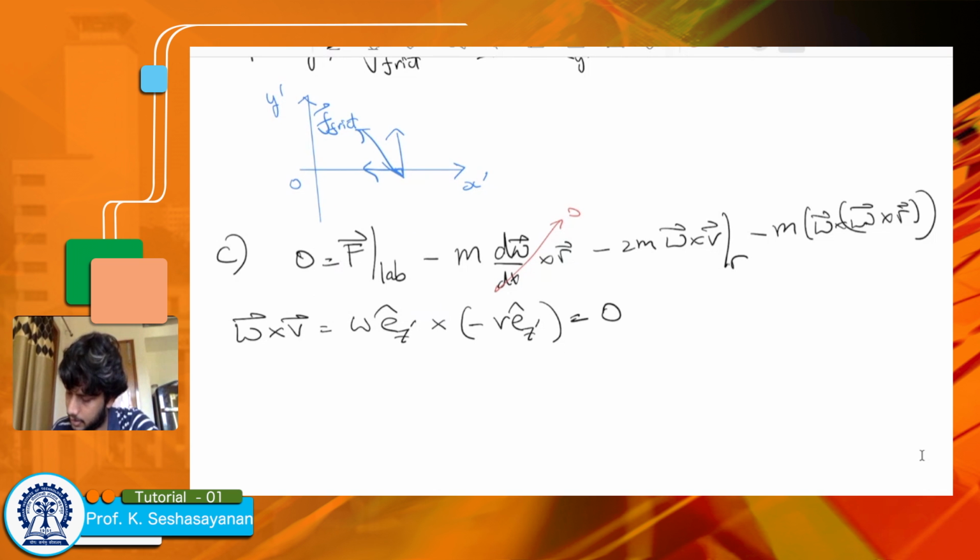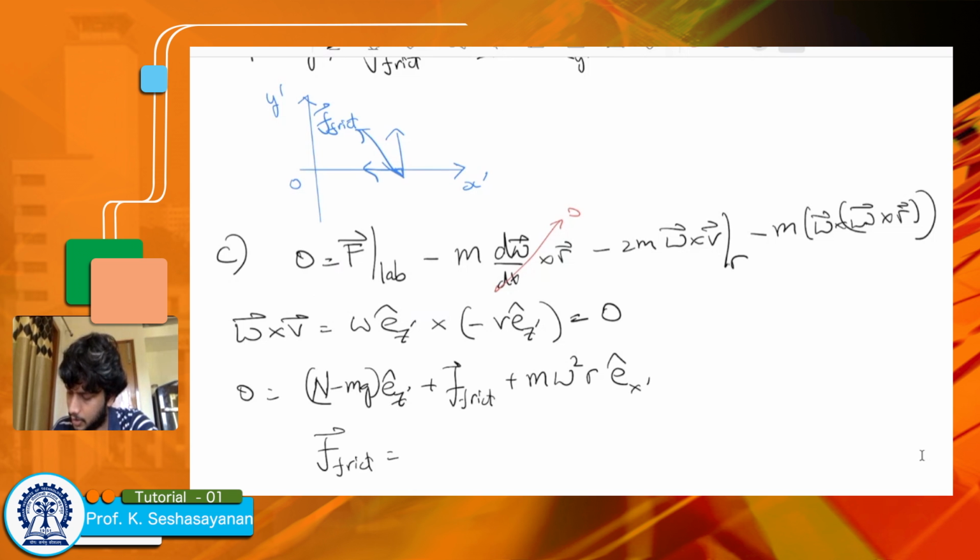So this gives n minus ng along ez prime hat equal to 0, plus f frictional force, which is nothing but m omega square r ex prime hat. So this gives f frictional equal to minus m omega square r ex prime hat.